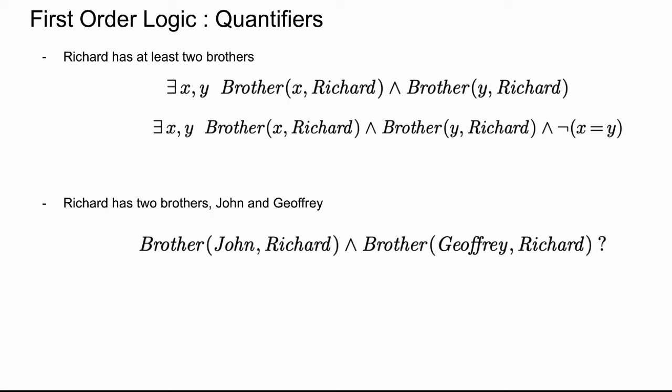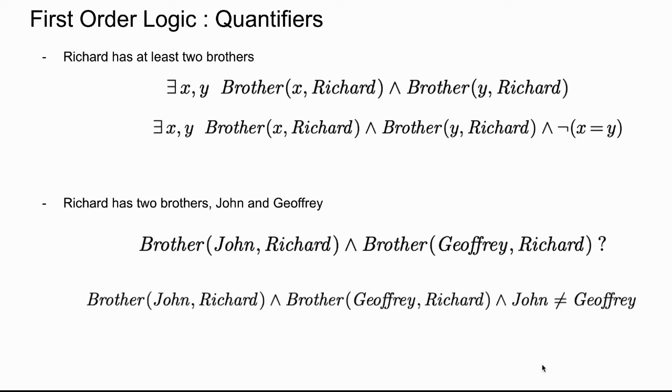And the other thing that we need to clarify is that there is no other person who is a brother of Richard. Because this sentence clearly says that Richard has two brothers and they are John and Jeffrey. So the first thing we do is that we specify that John is not equal to Jeffrey. But again, remember that this not equal to is not a part of the first order logic connectives.